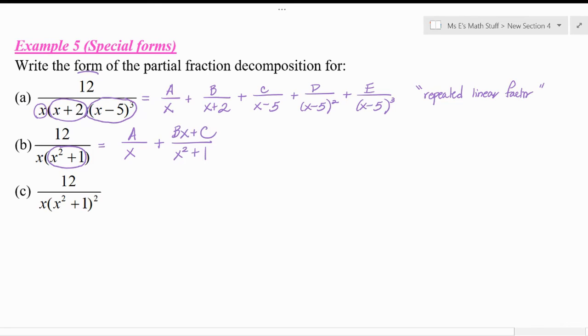So here's your general linear function, Bx plus C. Now that you're in Calc BC, I hope it makes sense that we like to let u equal the denominator, in which case we'd want the numerator to be 1 degree less than the bottom. So this is what to do with a quadratic factor.